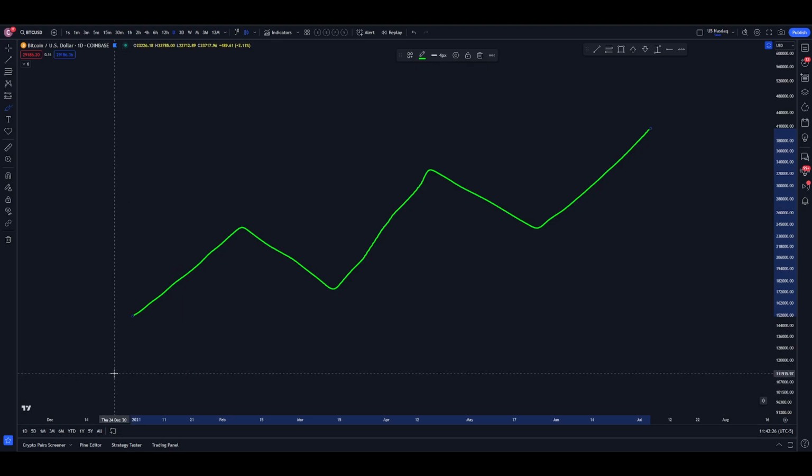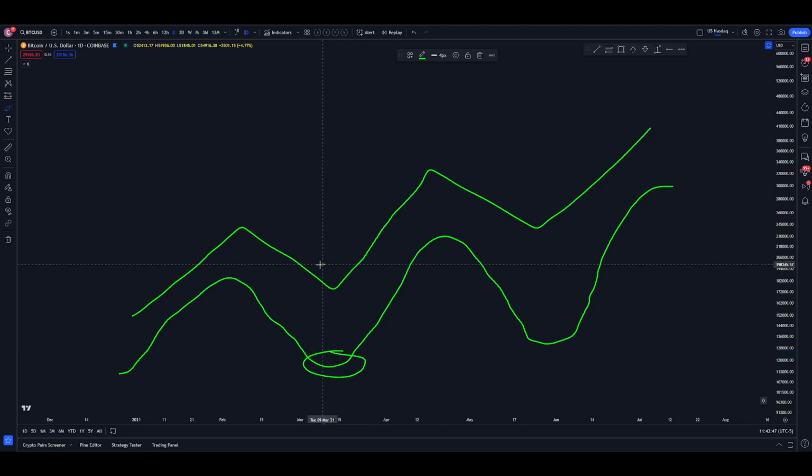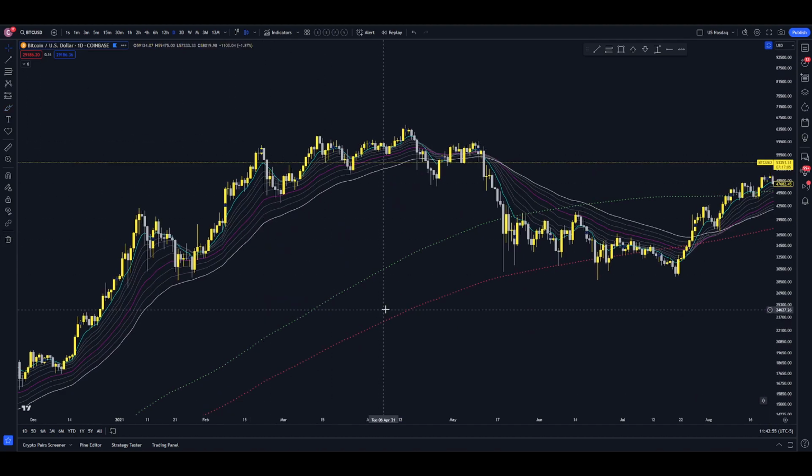In an ideal situation, you would have a stochastic cycle high with the peak in price and a low with the bottom in price, right? That would be the most ideal, and it's not always going to happen that way because trading is not that simple. But this is the general idea, right? You really want to be a better buyer when your stochastic cycle is low and a better seller when the stochastic cycle is high, okay?